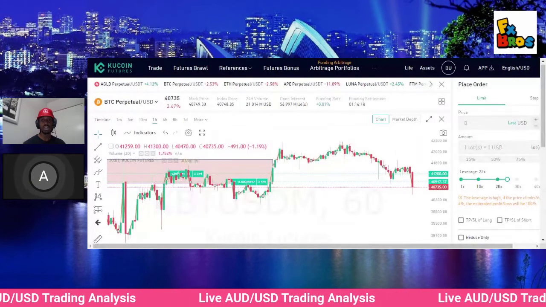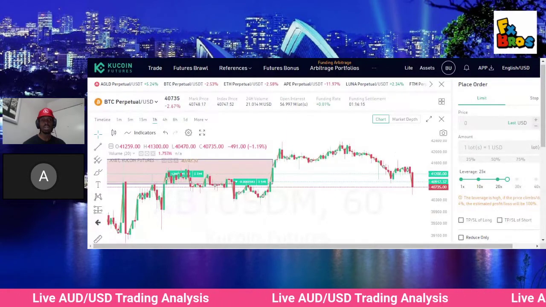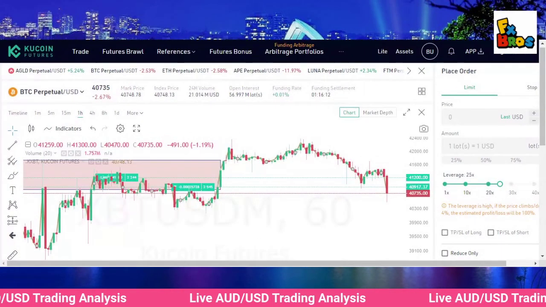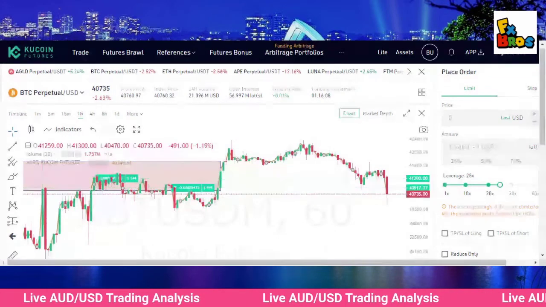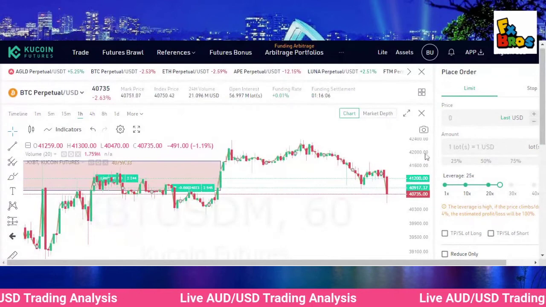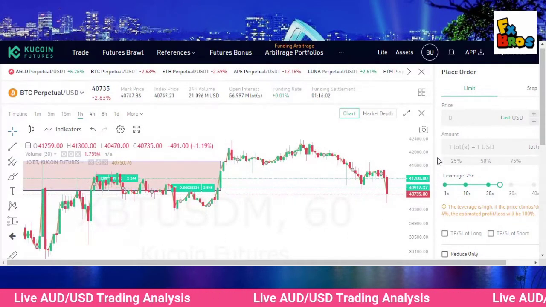Yeah, Q Coin. And basically, probably need to get out of this damn buy.